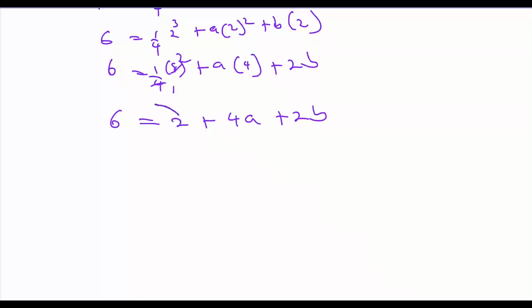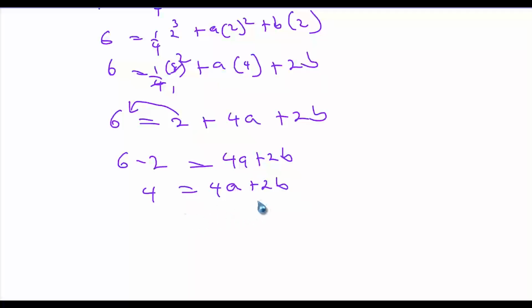So let's collect like terms. 2 comes here. We have 6 minus 2 equals 4a plus 2b. Then we have 4 equals 4a plus 2b.